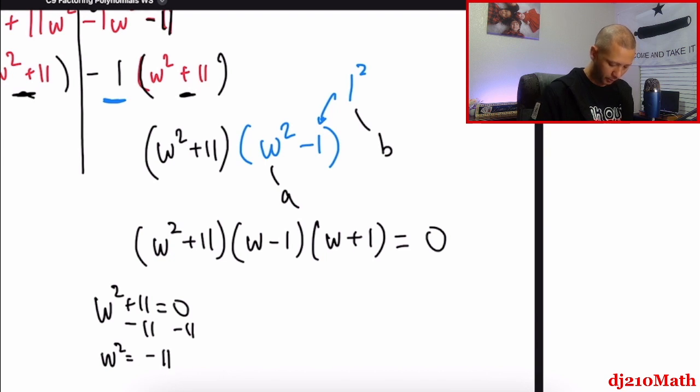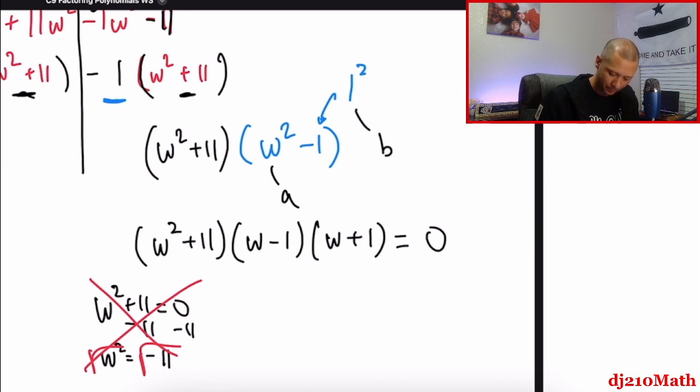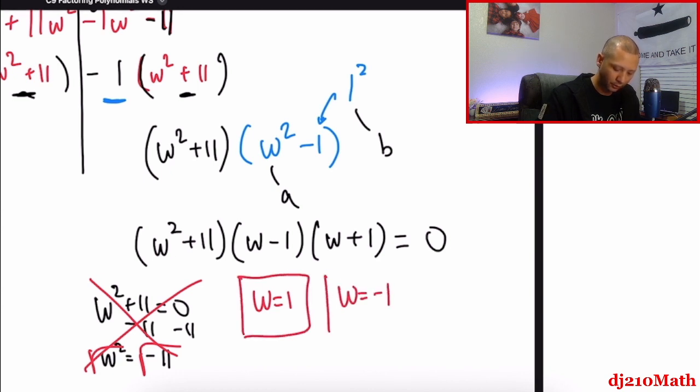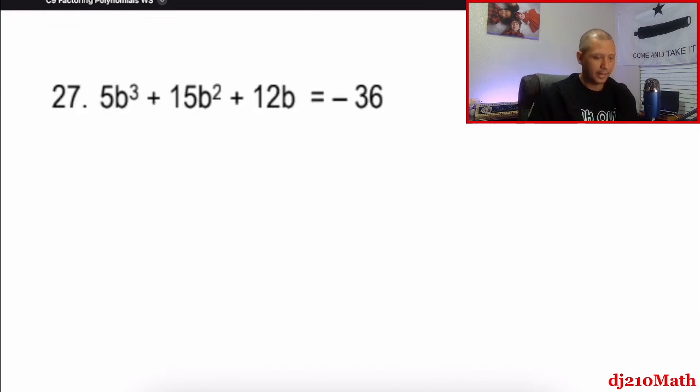And when you take the square root of both sides, we have a negative inside the square root. We don't want this one, right? This is a non-real answer. So we don't care about that one. However, we do care about w equaling 1 and w equaling -1. So we only have two solutions for this one. The non-real solutions we'll cover in a later video. Okay, 27.